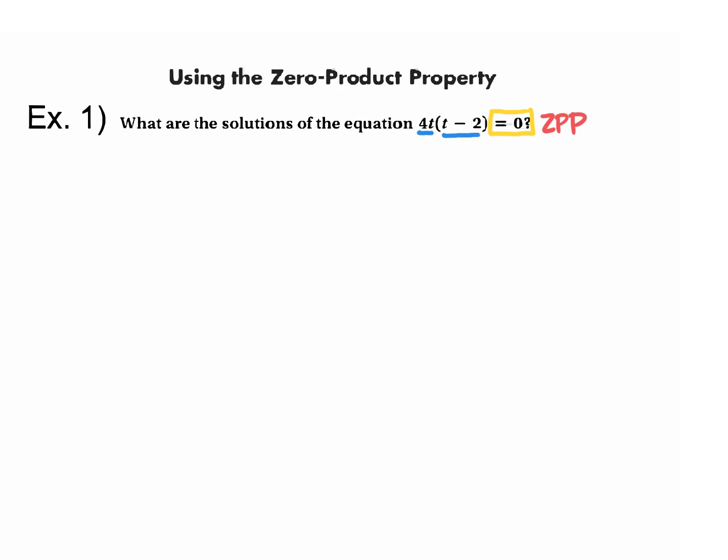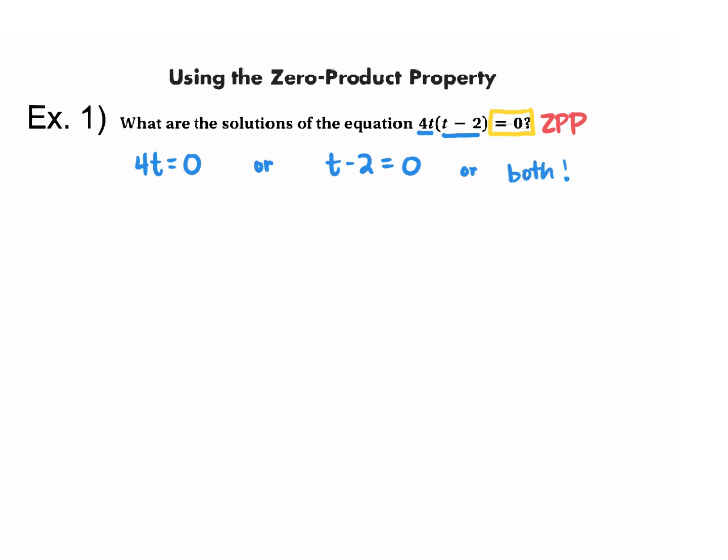Then either the first one has to be equal to 0, or the second one has to be equal to 0, or both of them. So either 4t has to be equal to 0, or the second one, t minus 2, has to be equal to 0, or both could be equal to 0.